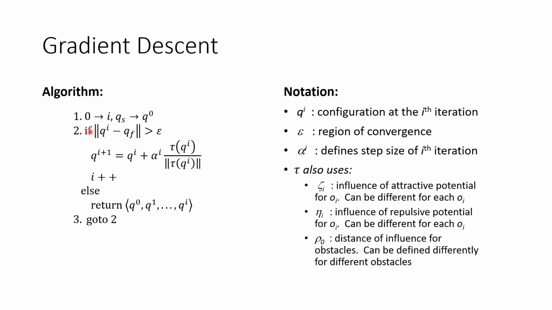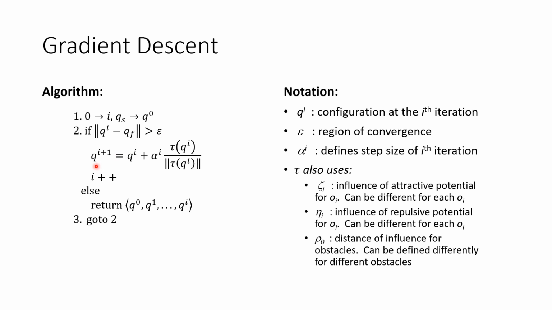What is that process? You check whether your current configuration QI at iteration I, when compared with the final configuration that you have already computed, has a distance greater than the acceptable threshold epsilon. If so, you are going to compute the next configuration.